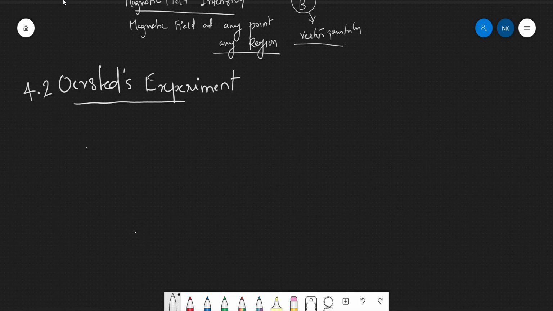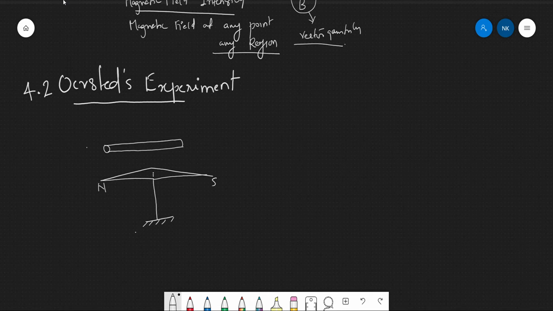Here I am going to have a magnetic needle. You need to assume this is a magnetic needle. Here this is north and here this is south, and it's pivoted here. Above this I'm going to have a current carrying wire.